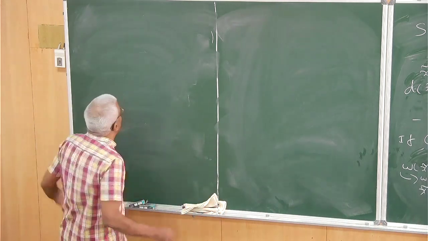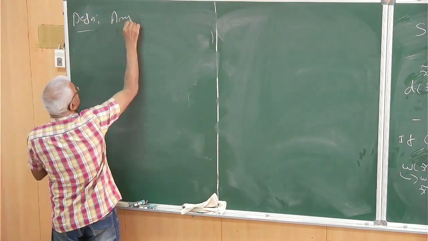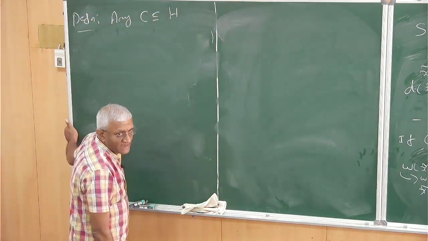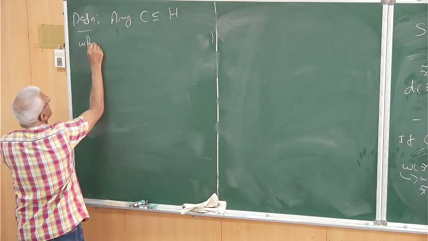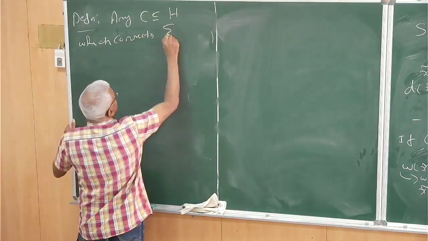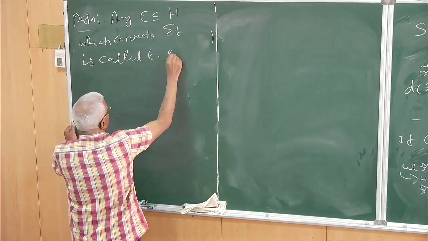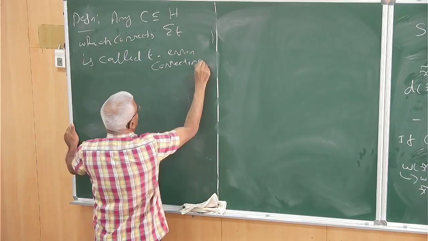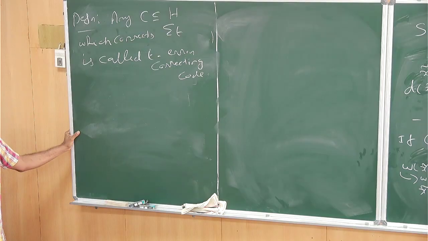Definition: any subspace C of H, where H is K tensor n, which corrects E_T is called T error correcting.